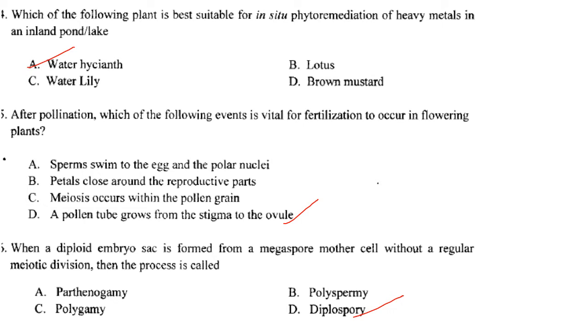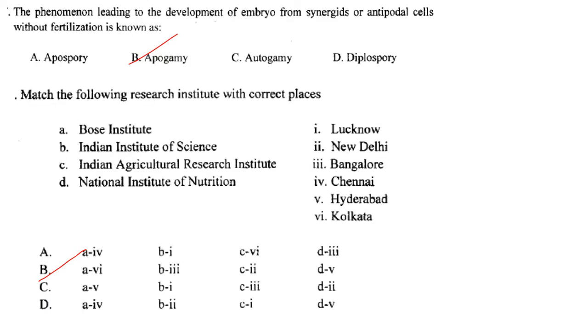So that is polygamy. So here the answer is diplospory. And next one. The phenomenon leading to the development of embryo from synergids or antipodal cells without fertilization is known as apogamy. Answer is option B. And what is apospory? The gametophyte develops from the 2n sporophyte directly, and autogamy is self-pollination.